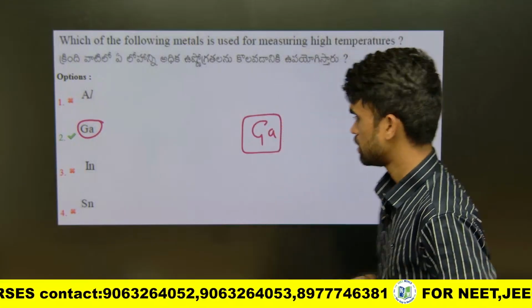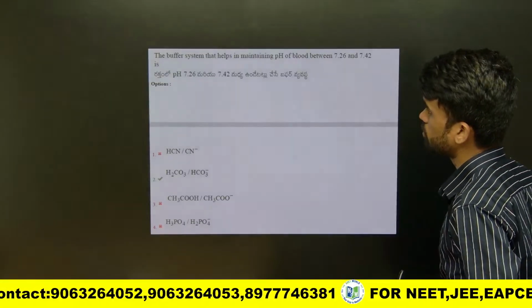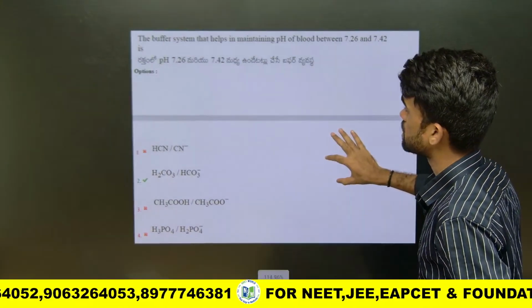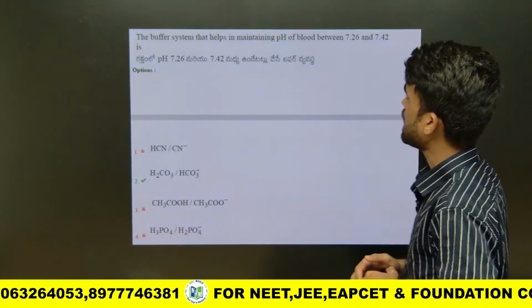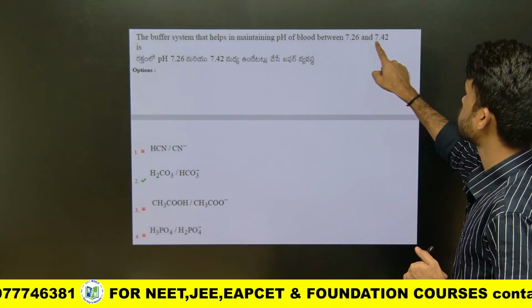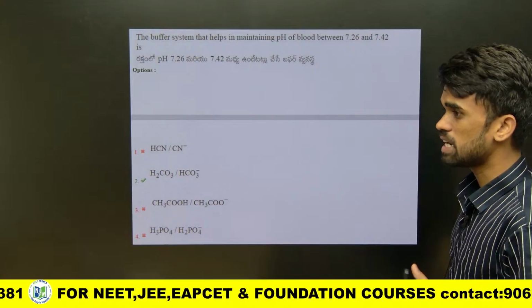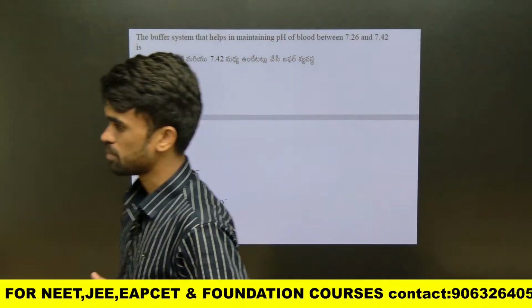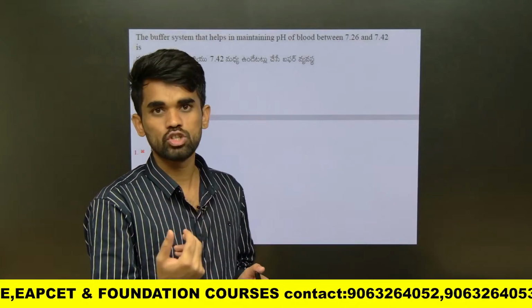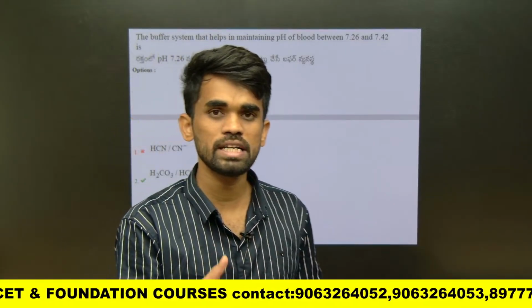Okay, the next one is also a general and important question. A buffer system that helps in maintaining the pH of blood between 7.26 and 7.42. Generally you should get one doubt here. When we take lemon juice, we know it is acidic, right?